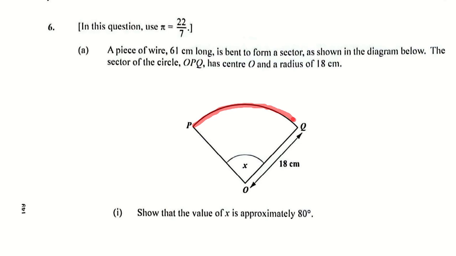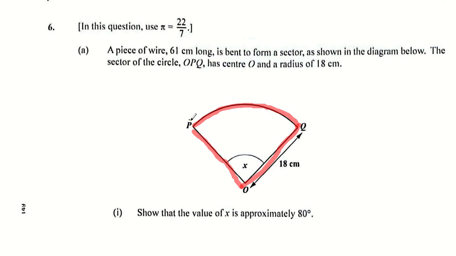Because they said the perimeter, we're going the distance. So you're starting at P, going right around, back to here. They're telling you that this is 61 centimeters long.